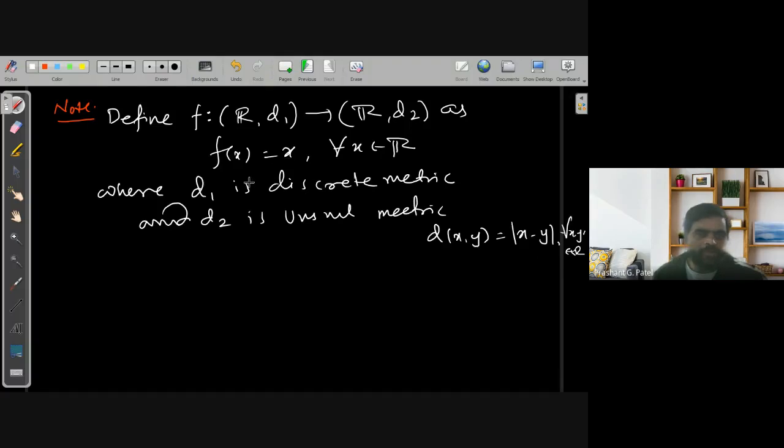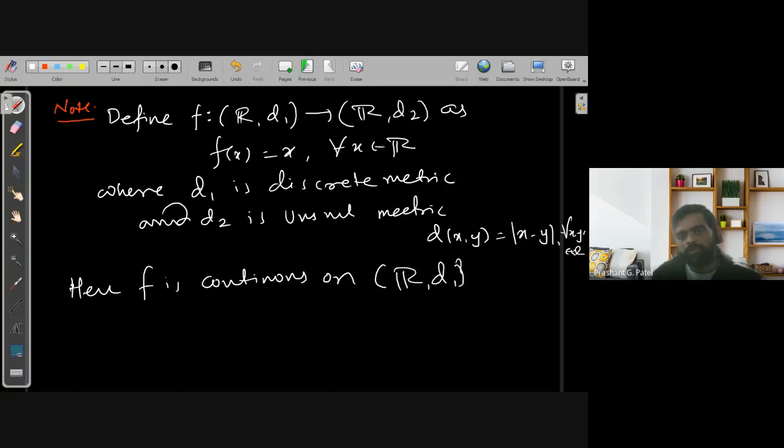And we have this map. And the previous example says that any map which is defined on a discrete metric space will be continuous. So therefore we can say that here F is continuous on this R comma D1.